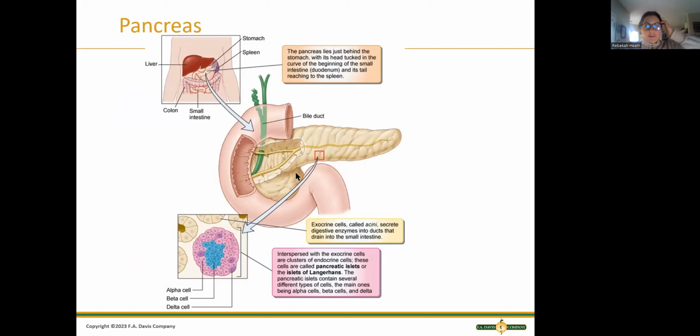Moving down to the pancreas, my favorite of our endocrine organs. You can see this picture here. Here's the liver, the stomach, and the pancreas is just sitting back behind here. You can't really see it in this picture well, but it's sitting back behind the stomach. Here you can see how the pancreas is attached into the intestines. You also have your bile duct here leading from your liver.